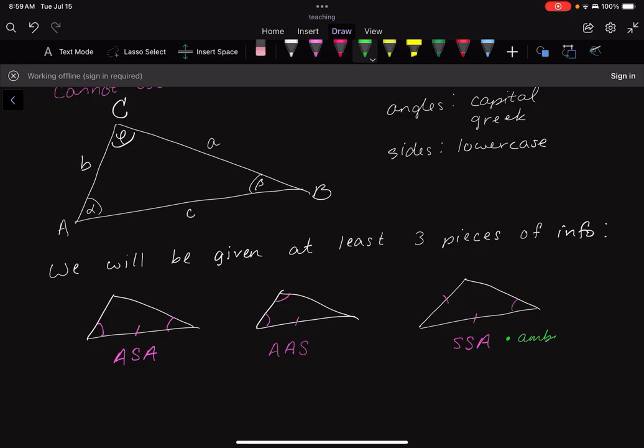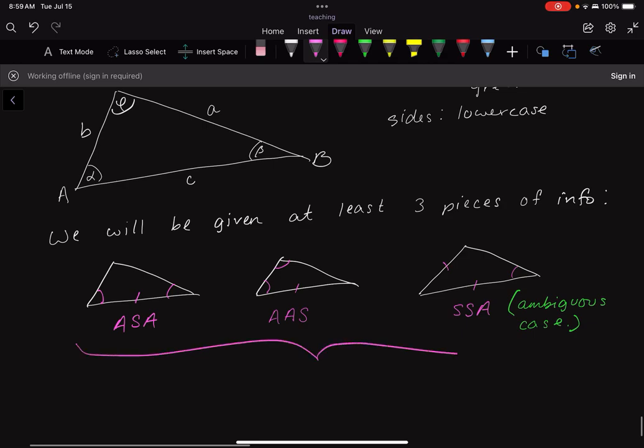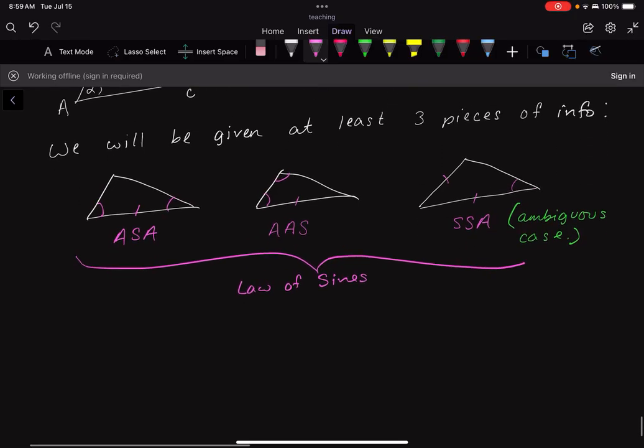It's called the ambiguous case. And I'll talk about that a little bit later. Let me put it in parentheses. So these are three options. These are not the only options. However, these are the only options that we will see in 5.1. So for all of these, we would use law of sines to be able to solve it.